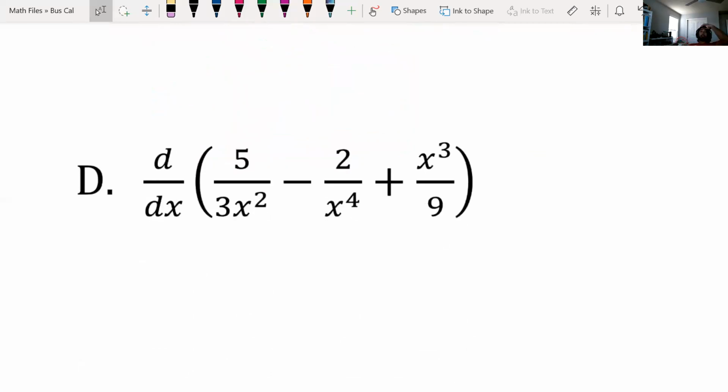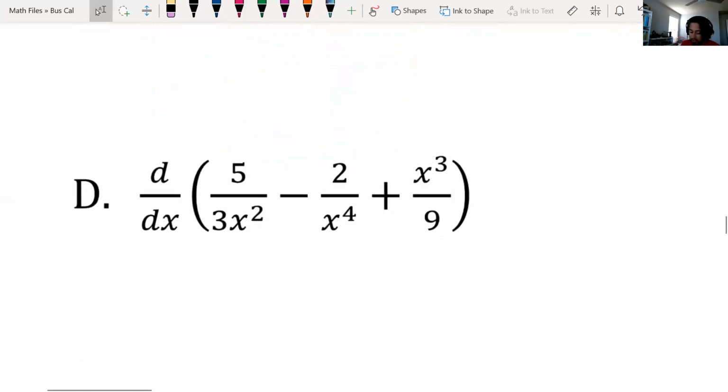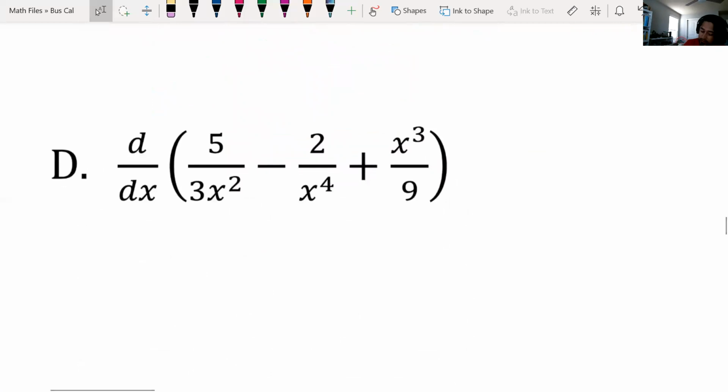Now we come across D. D over dx of 5/3x squared minus 2/x to the 4th plus x cubed over 9. So we have to do a lot of rewriting on this one in order to take the derivative. So let's start at 5/3x squared. So we're going to start here first.